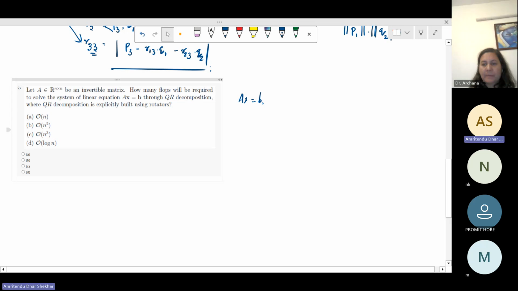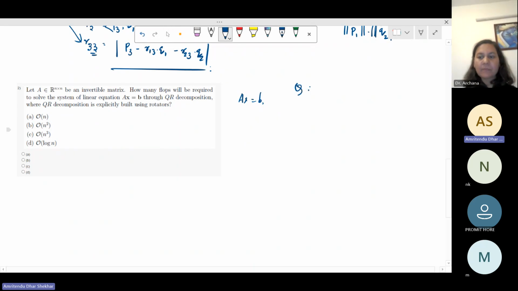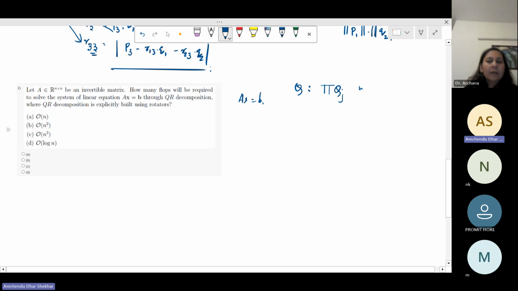So what we need to do is this Q matrix that we're going to construct has to be through rotators. Essentially, what it means is that I should be able to write this Q as a product of some QJs, where each QJ is a rotator.